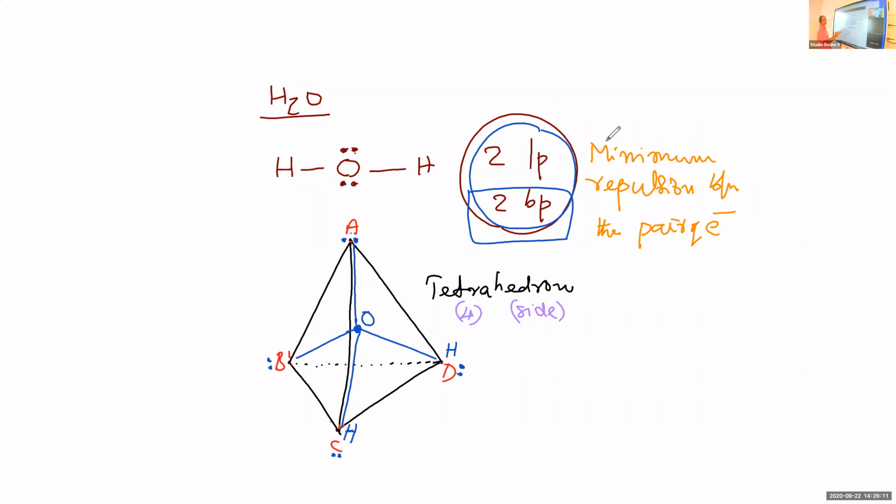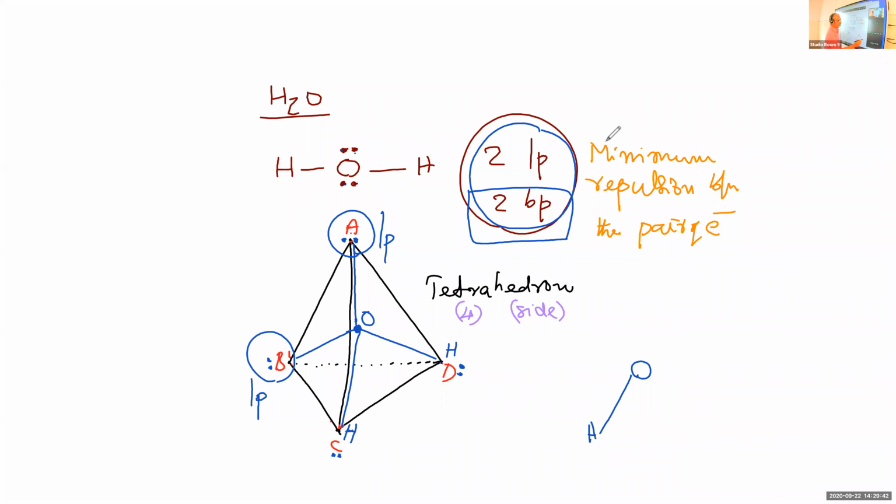And these are the lone pairs of electrons, and the other 2 are bond pairs of electrons. Now you take the structure outside the tetrahedron. Then the structure will be like this. Say there is oxygen here. There is a hydrogen atom here.